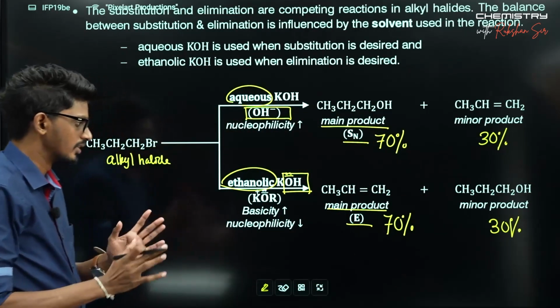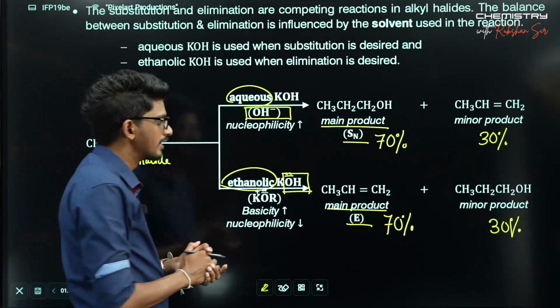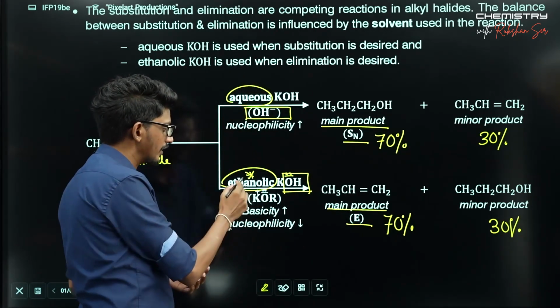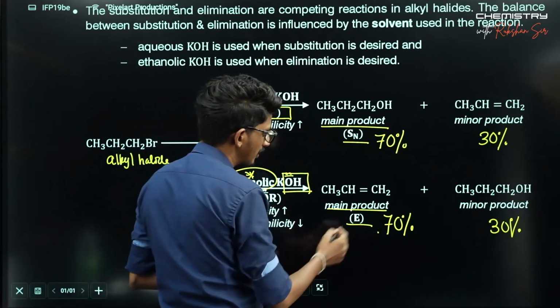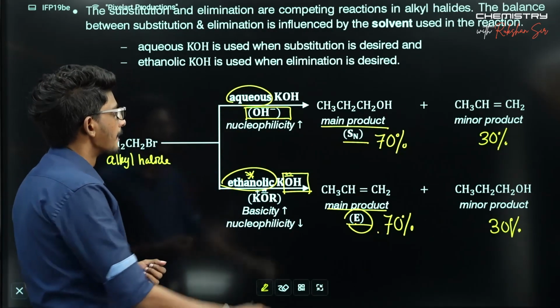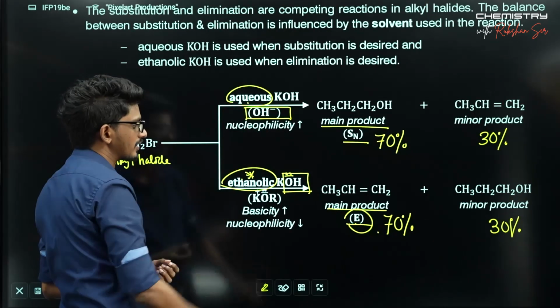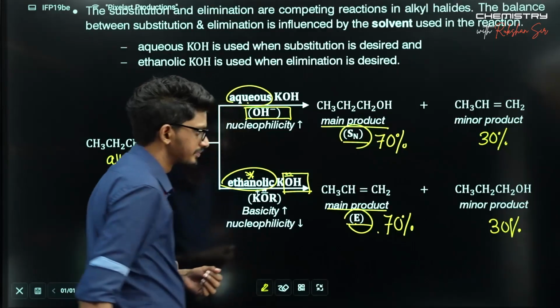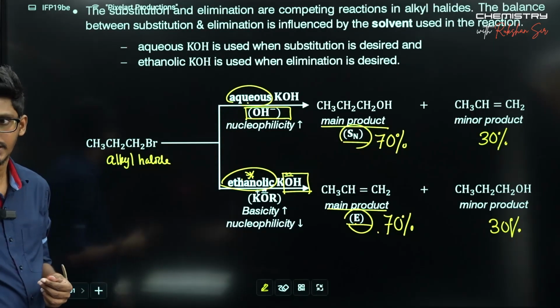So actually, the major product is defined by the medium. If you are using an ethanolic medium, the major product is going to be the elimination product, and if you are using an aqueous medium, the major product is going to be the nucleophilic substitution product. Keep that in mind, right?